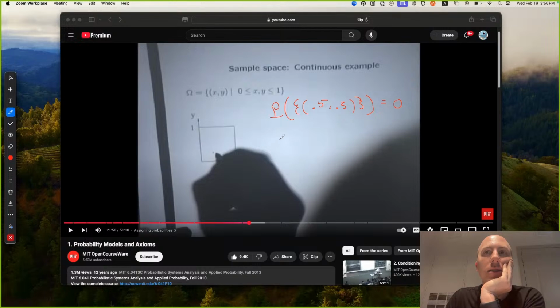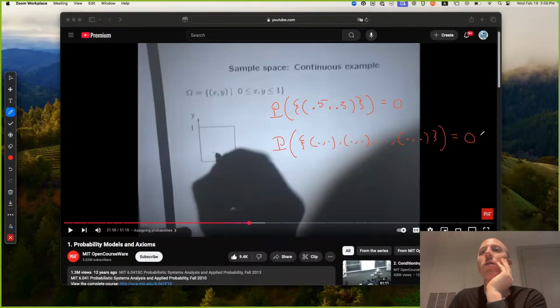And in fact, the probability of any finite set of points is equal to 0. If you can write it like this, where you can just list out the numbers and it's got a start and it's got an end, then the probability of that is 0.